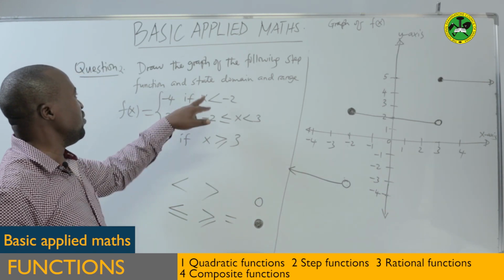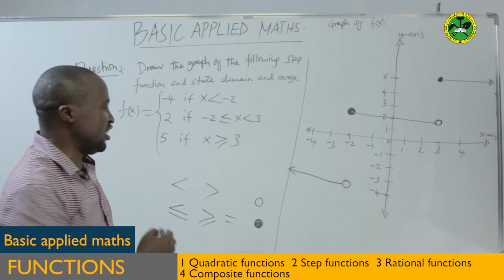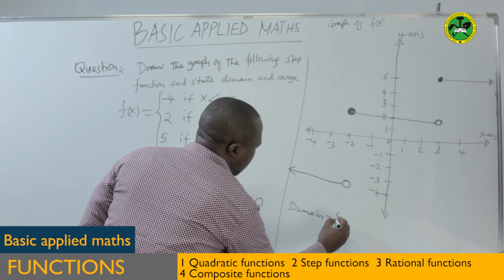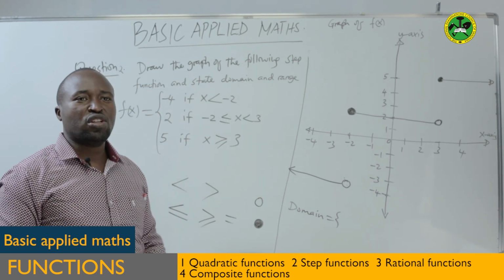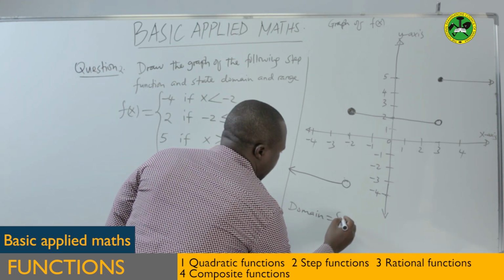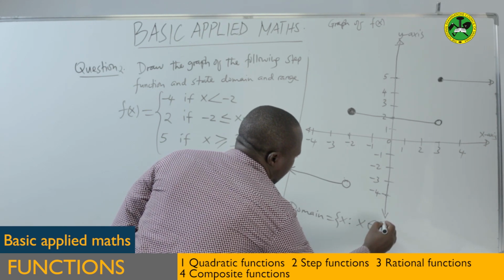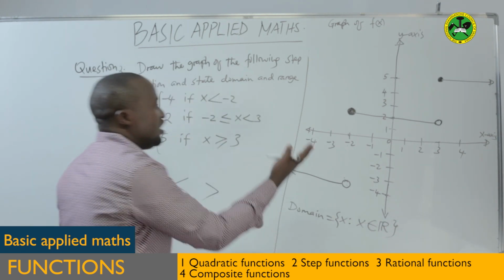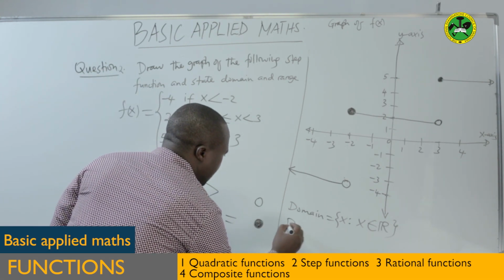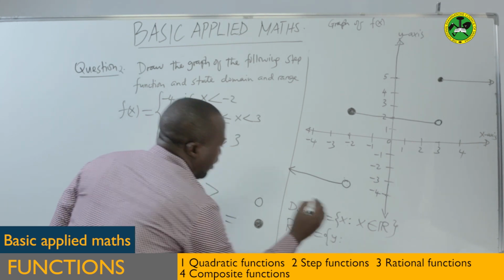So the next step, state the domain and the range. Now for such kind of step function, domain is equal to, remember when you're talking about the domain, we are talking about the values of x, or first entries. So x such that x will be the set of real numbers. For range, we are talking about the y values.